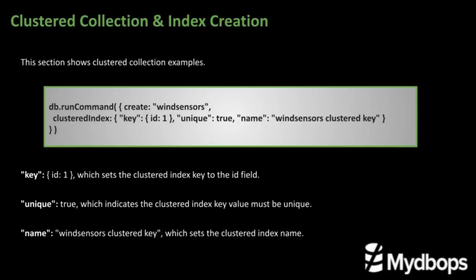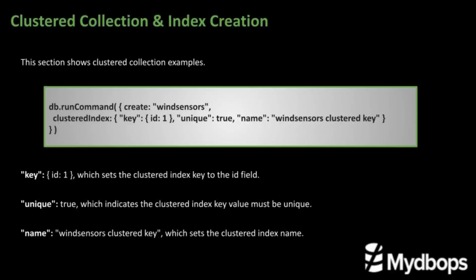Here is a command to create a clustered index along with clustered collection creation. We need to use a runCommand with an option called create. We are creating a collection named WinSensor with a clustered index key of _id. We also need to set the clustered index as unique true. It is a must-required condition.